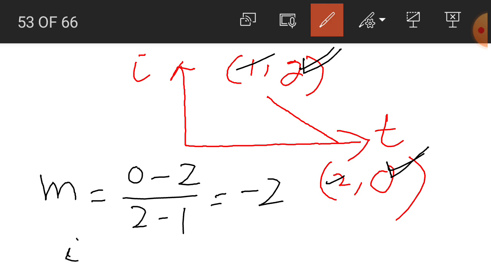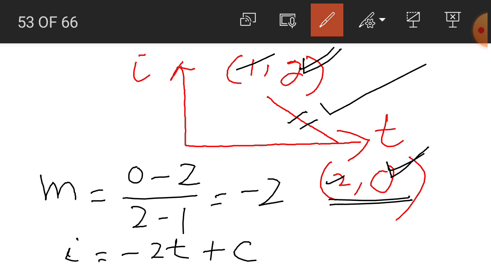So the equation for the line will be equal to minus 2t plus c. This is the equation of this straight line, and any point on this straight line will satisfy this equation. So let us put this particular point over here where the current is 0 and the time is 2. So c will be equal to 4.